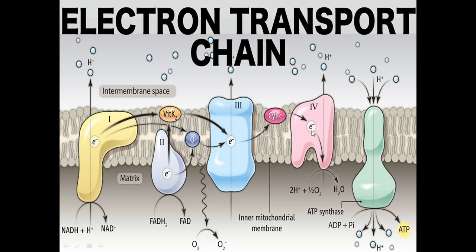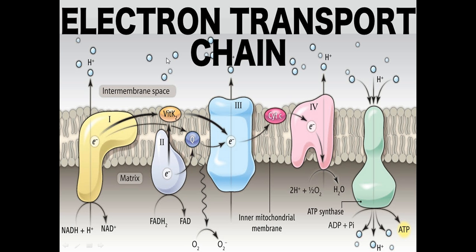When complex 4 receives an electron, it pumps protons out of the matrix to the intermembrane space. FADH2 gives the electron to complex 2, but the energy it gained is not enough for it to pump the protons out. So among the 4 complexes, it is only 3 complexes that pump protons out of the matrix to the intermembrane space.